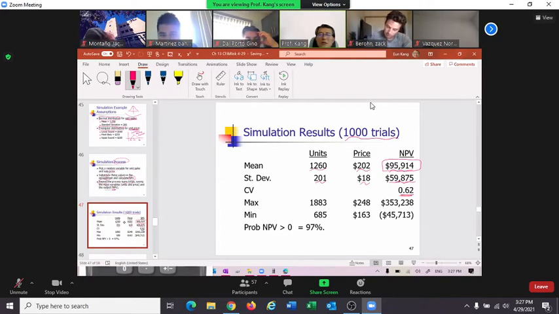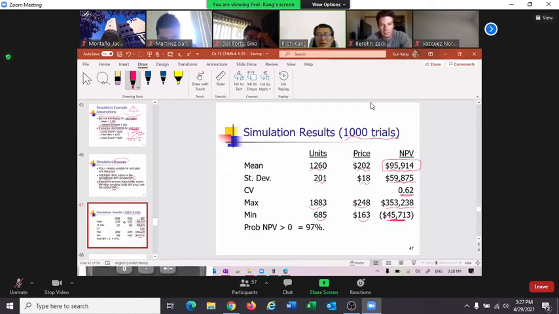The maximum number of units is 1883, maximum price 248. In that case, NPV is pretty high, 353,238. And the minimum number is 685, price 163. In that case, we have a negative NPV.